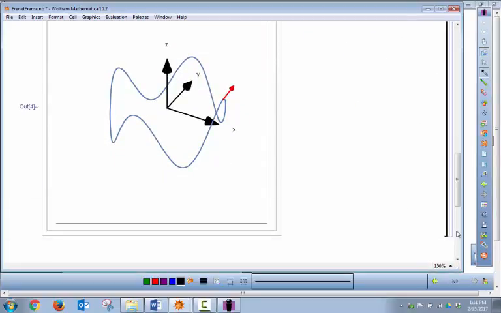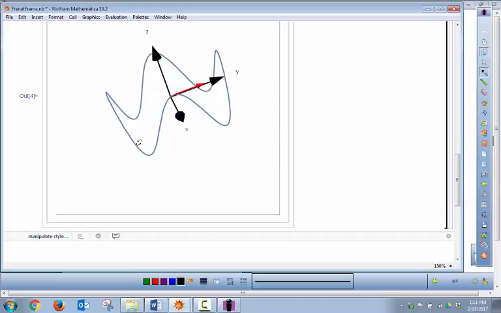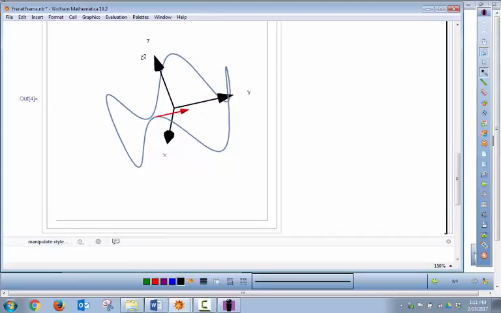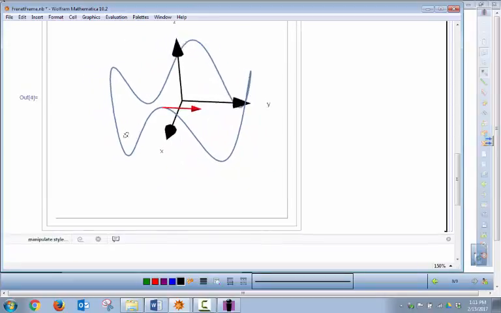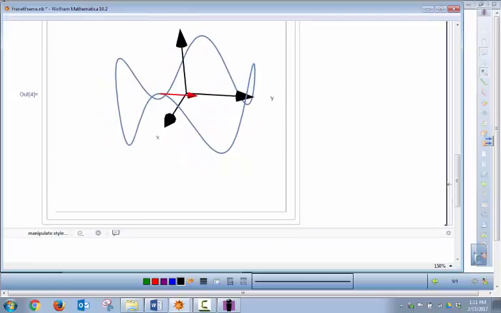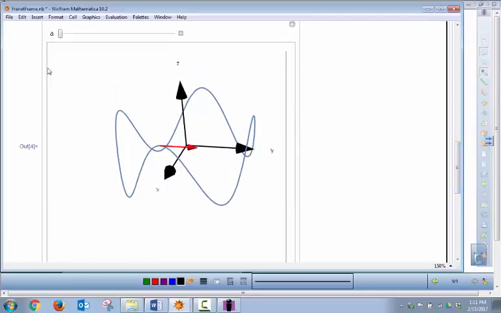And what I have here is a Mathematica program animation that takes a look at your tangent vector as you move along that roller coaster. All right, and it's a unit length, so the length isn't changing. So it's always a unit length. Okay? So that's a tangent vector.